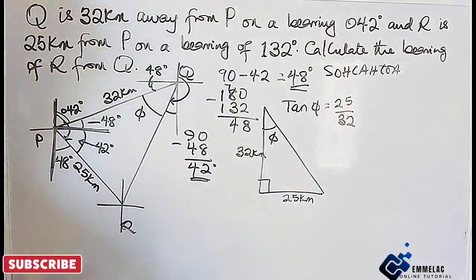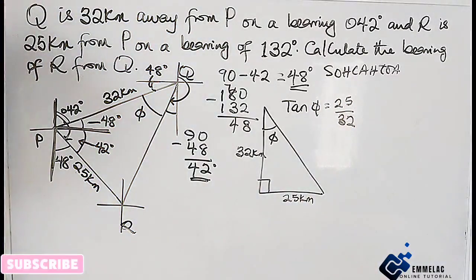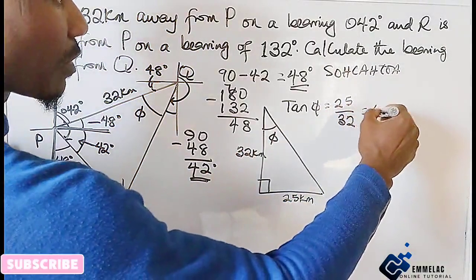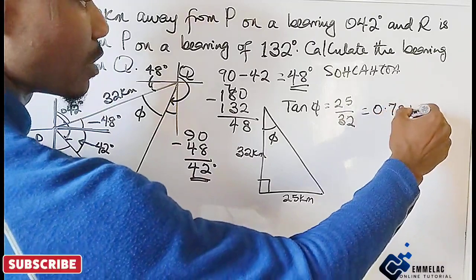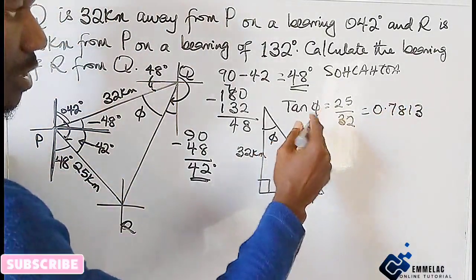Punching our calculator here, this will be 0.7813. For us to get the angle, we find the inverse of tan.